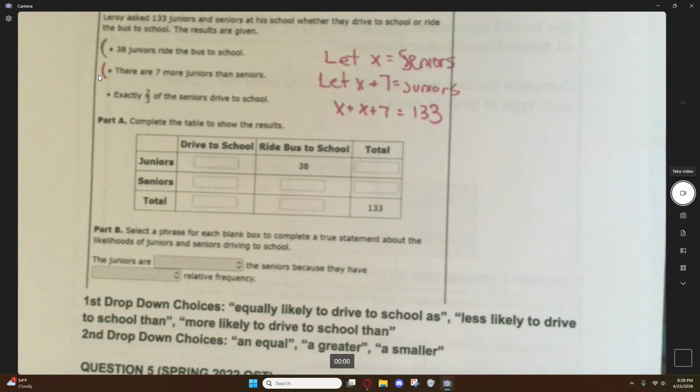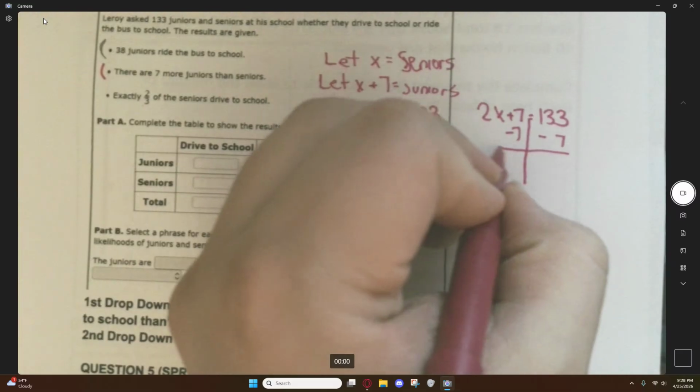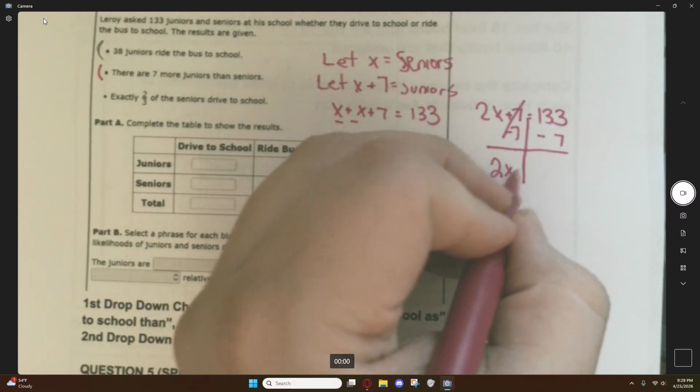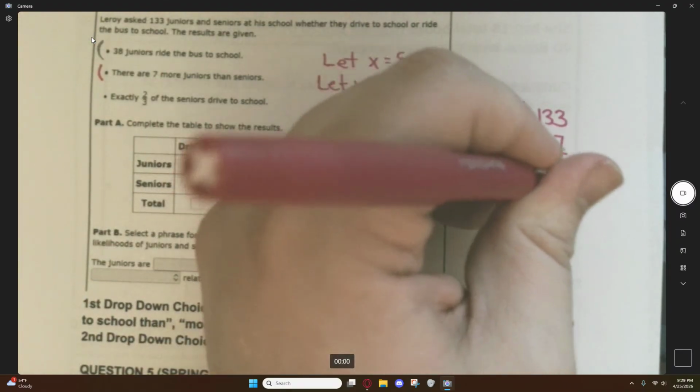We could combine like terms. x plus x are like terms. That makes 2x plus 7 equals 133. Then you could subtract 7 from each side by using the subtraction property of equality. That leaves you with 2x equals 133 minus 7, which is 126.